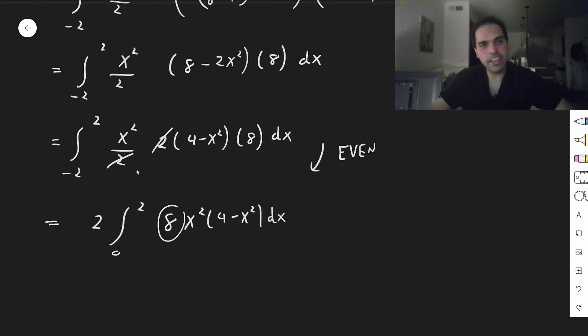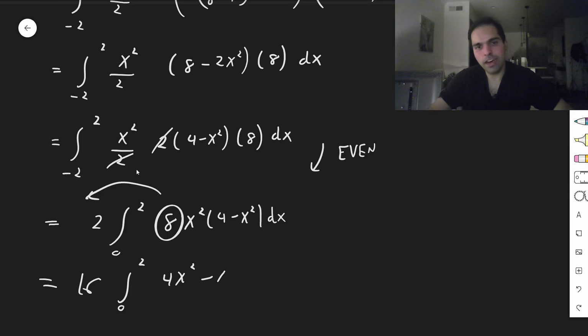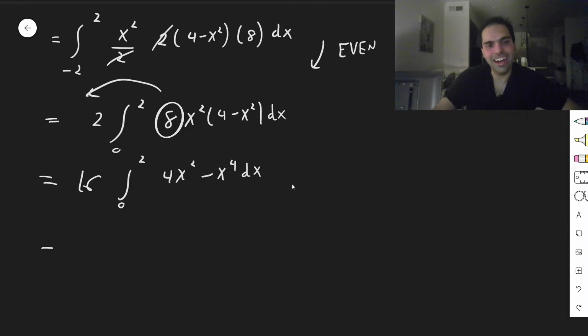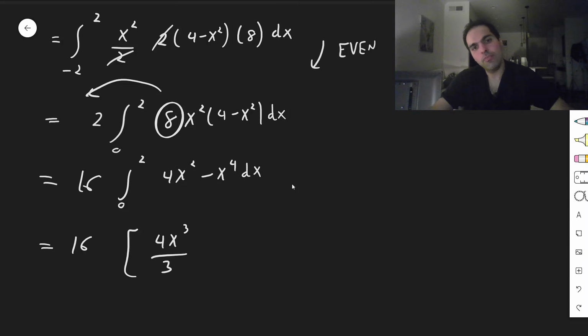And then this 8 comes out, and we end up getting 16 times the integral from 0 to 2 of 4x squared minus x to the 4th dx. And now that we have this easy function, let's evaluate this. So we get 16 times 4x cubed over 3 minus x to the 5th over 5, from 0 to 2.